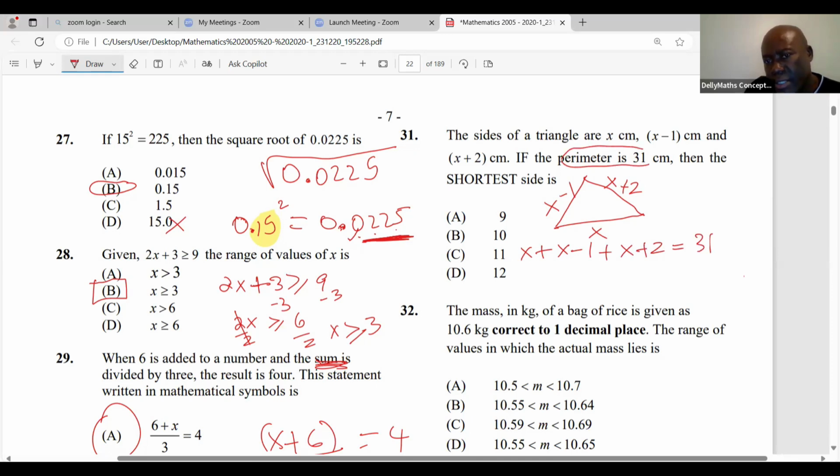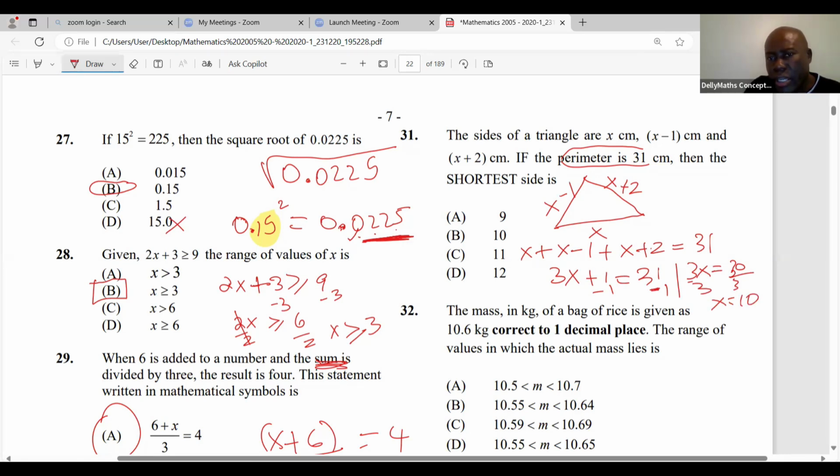So x plus x plus x is 3x. Negative 1, positive 2, that's positive 1, equal to 31. Subtract 1 from both sides. We have that 3x is equal to 30. Divide by 3, divide by 3. x is 10.